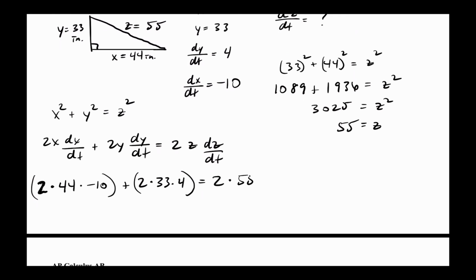So z is 55, times what we don't know. Find what dz/dt is.